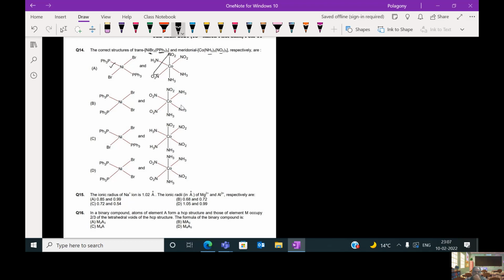This one is trans, but this one is not, it is facial. This is cis, and this is meridional. This is also facial. The most appropriate one is A.